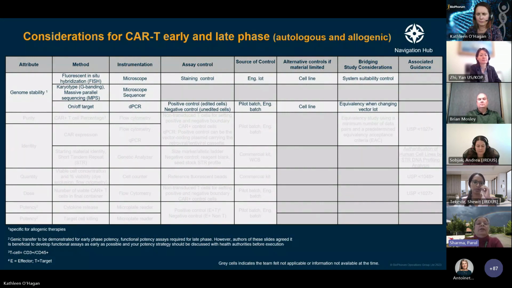So as you can see from the karyotype, we do not have assay controls or alternative controls, whereas for the on-off target, as Jan was saying, we don't need controls, but if you have edited your cells, then you do need a positive, that is an edited cell, versus a negative unedited cell as a control. And these can come from your pilot batch or engineering batch, or it could be a cell line, depending on what is being targeted by the ddPCR. And if there's a cell line available, again, in ATCC or a commercial source, that can provide such a translocation.